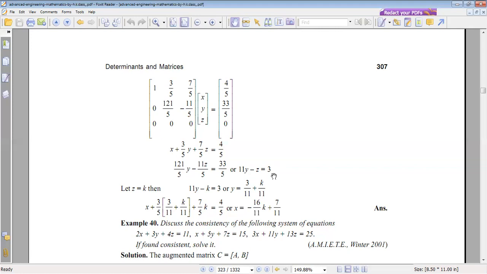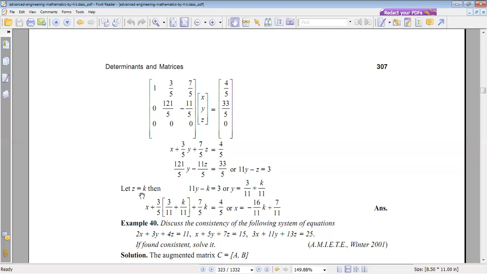So let's see how we can find this solution. Here we consider, suppose z equal to k. Let z equal to k.